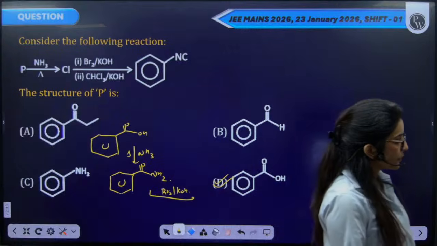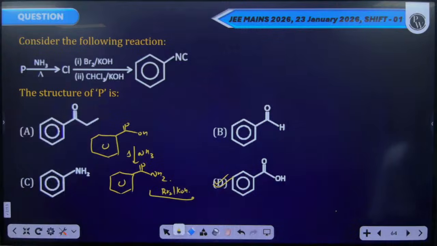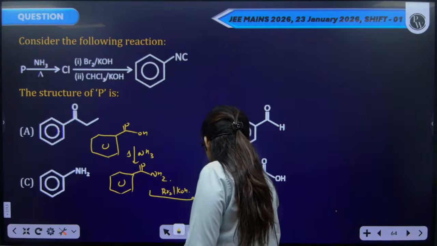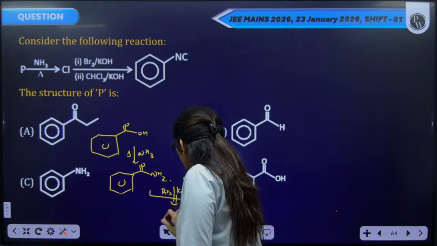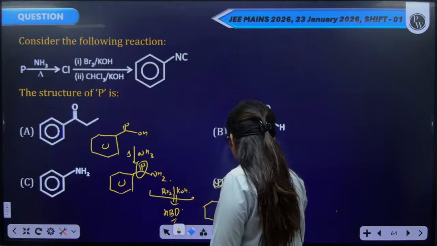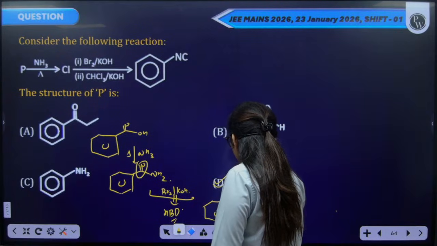So in Hofmann bromamide degradation, what was happening? Over the amide, if you add this Br2 in KOH, then the C double bond O will be removed from the middle. Okay, so you can write it here. This I told you is the HBD reaction, Hofmann bromamide degradation. So this C double bond O will be removed from here and it will get converted into aniline.